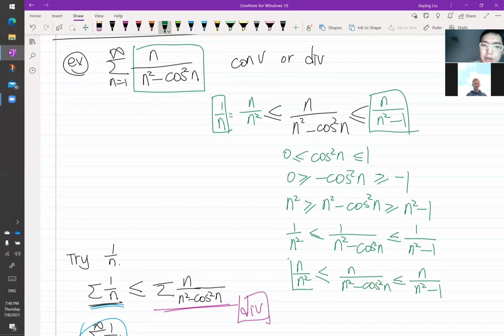And that's where this 1 over n comes from, because that's just n over n squared. If we didn't have the n in the numerator, we wouldn't have the function that we want to compare, because they're different, one has an n, one doesn't. That's why we need to take the extra step to multiply by n. So we end up with 1 over n instead of 1 over n squared.